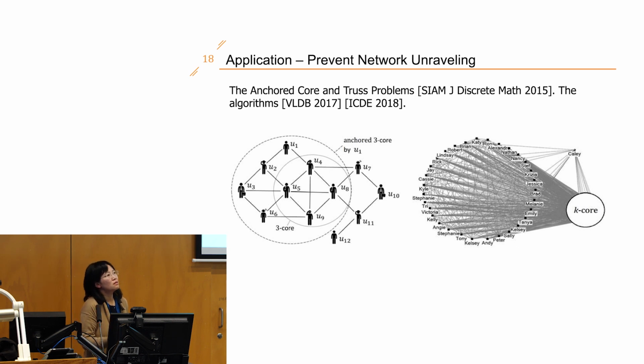The term social network does not only refer to our current very large-scale platforms like Facebook or Twitter. Several decades ago, sociologists already had this term. They studied data not at a very large scale, but they wanted to study how a small social group collapses, or how a social group is formed, very coherent and engaging. So the k-core model has been studied by sociologists for a very long time.